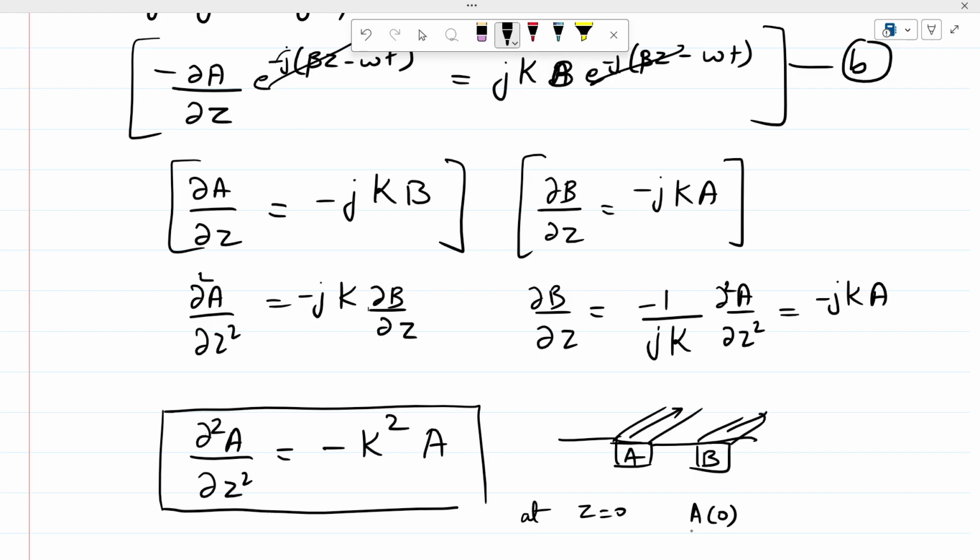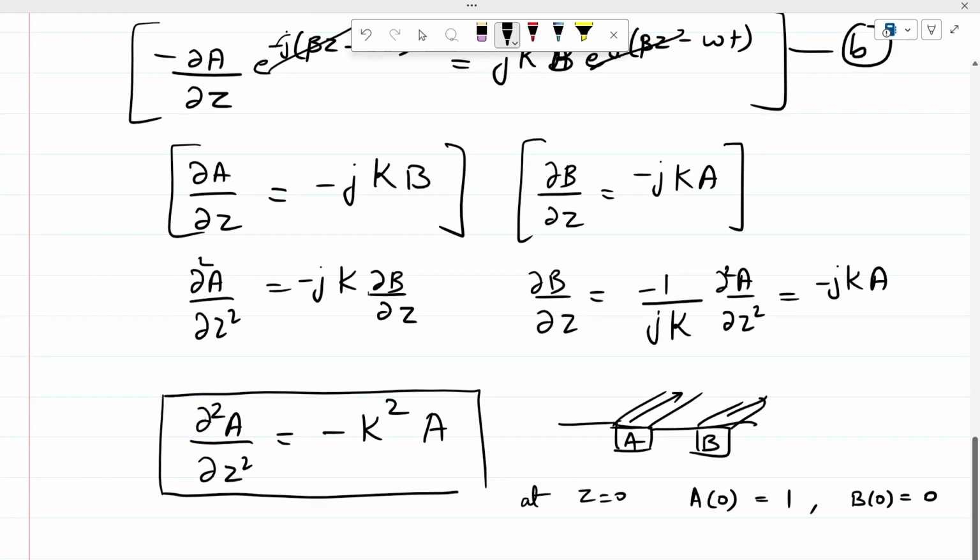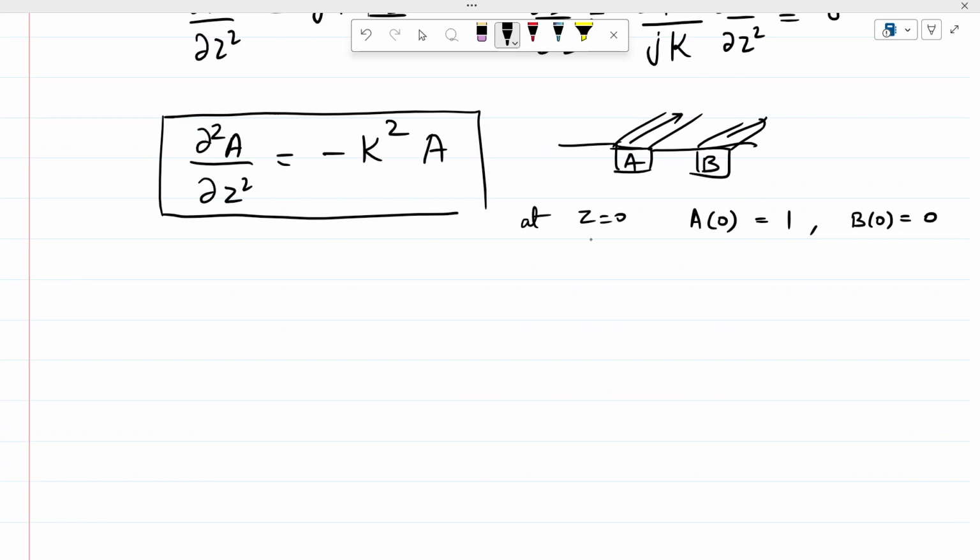So at Z equal to 0, A of 0 is equal to 1 and B of 0 is equal to 0. The amplitudes are normalized, so I can write it like that. I hope that is fine.